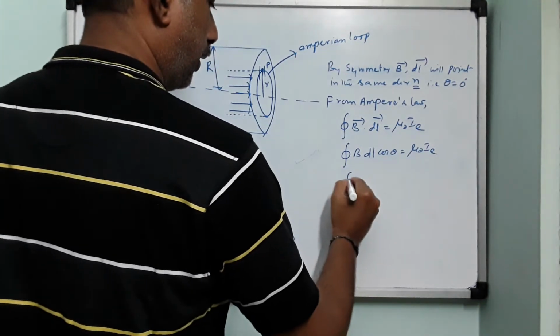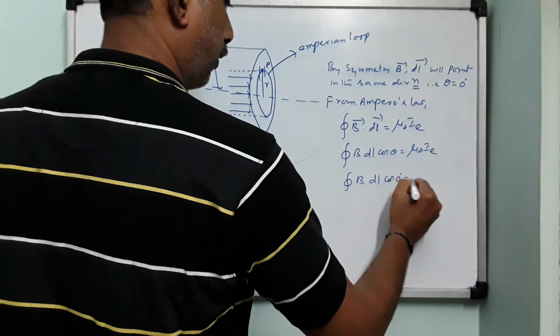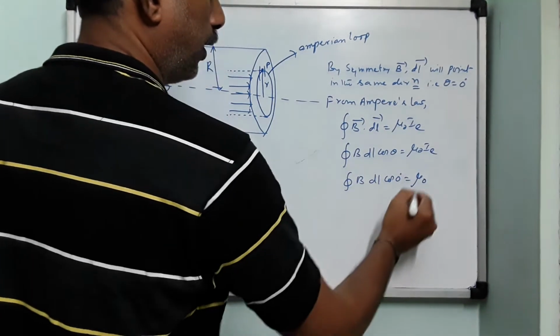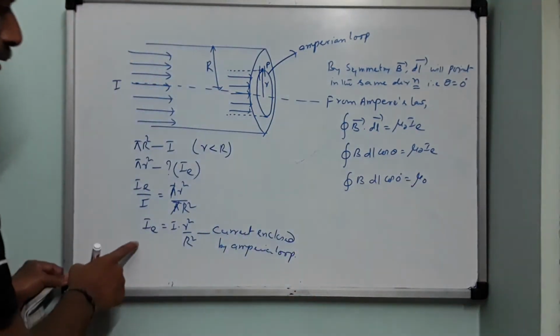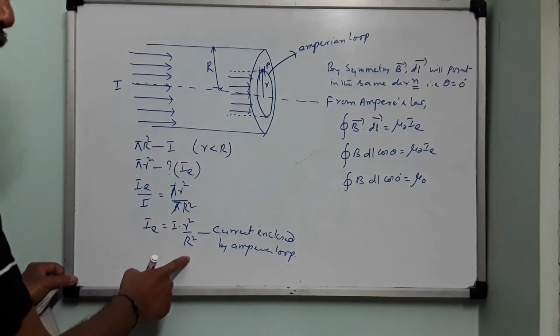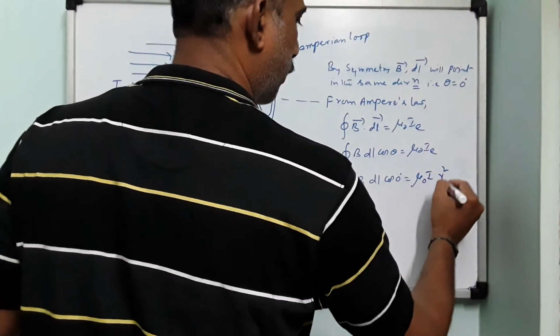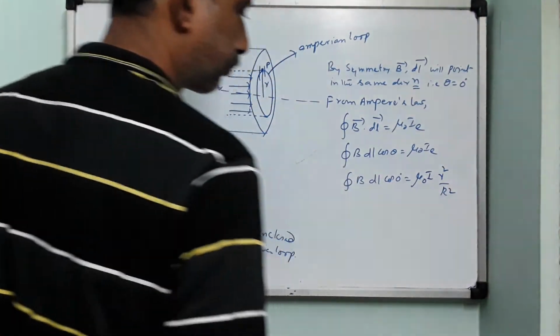So line integral B into dl into cos 0 degree equals mu naught into IE. The current enclosed by the Amperian loop is total current I into small r square by capital R square. So total current I into small r square by capital R square.